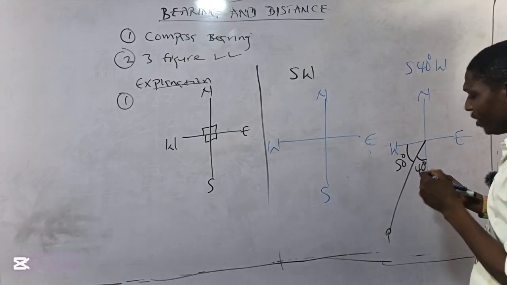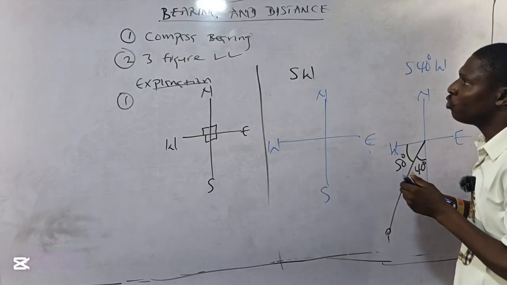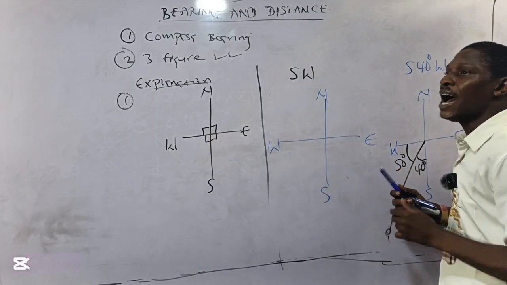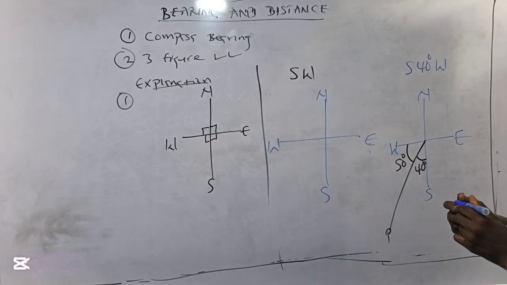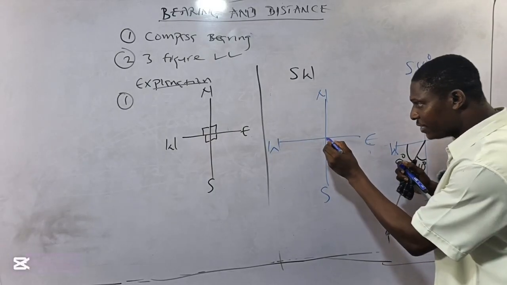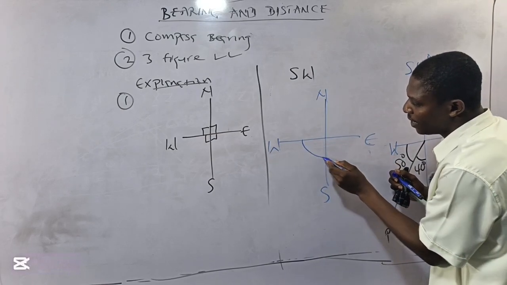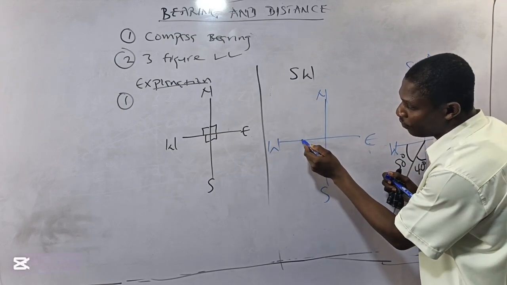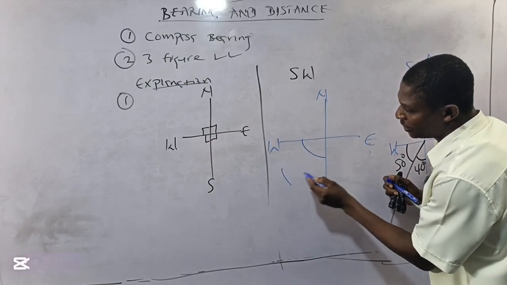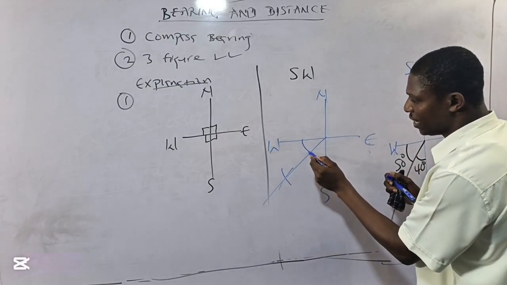If you hear southwest without giving an angle in between, it simply means to bisect southwest. And if I bisect an angle, it will give me half of the angle. That simply means, let me assume this is a pair of compasses. If I bisect here, place the pin here, I cut here, place here and I cut here, I'll have this angle here to here.